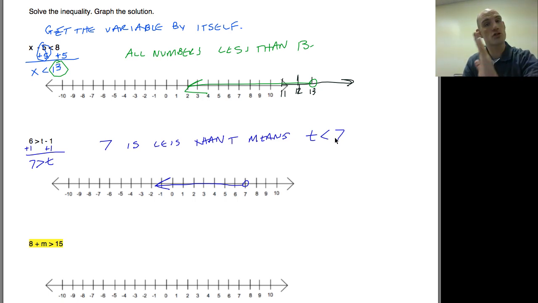That means 7 is greater than t. Okay? So all of these numbers in here should satisfy this, so it should be true. So for example, is 4 less than 7? Yes, it is. And so I know that my arrow is going the correct way because when I put in one of the numbers that the arrow is covering, it's true.